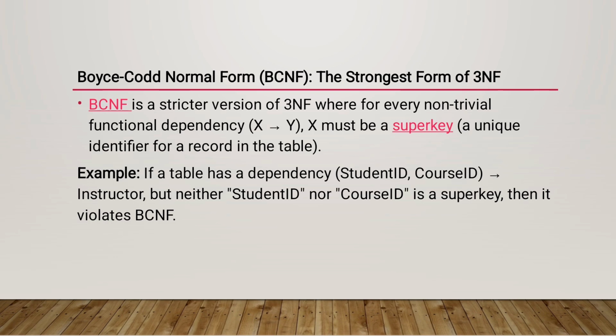Example, if a table has the dependency student id, course id, and instructor, where the instructor determines the course, but neither student id nor course id is a super key, it violates the Boyce-Codd normal form.